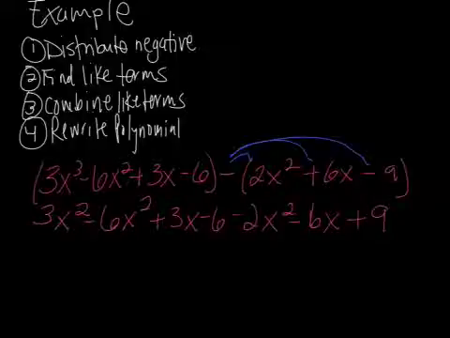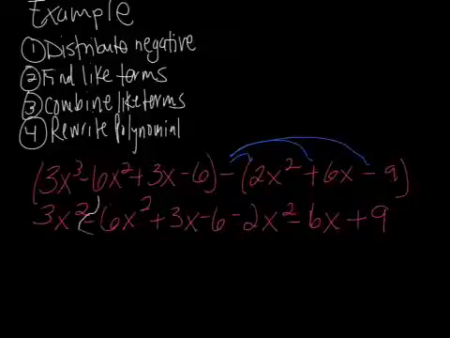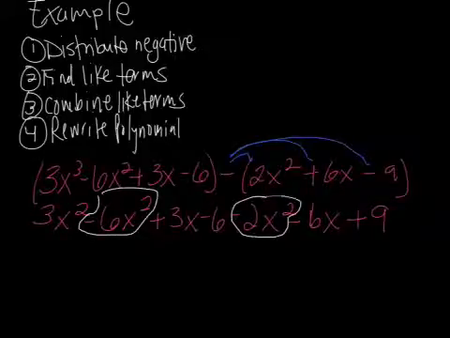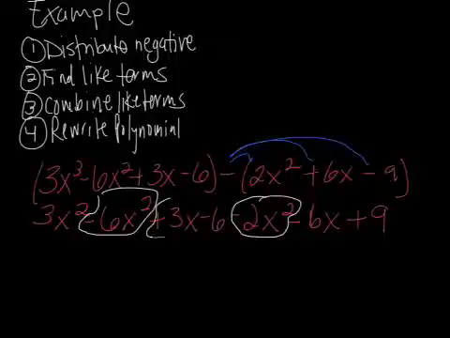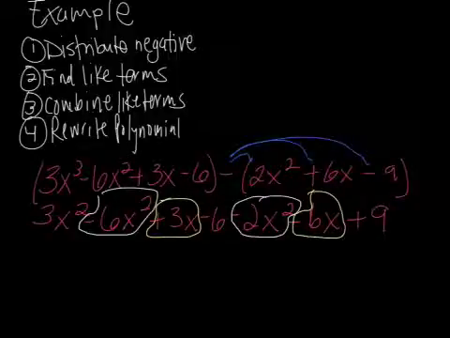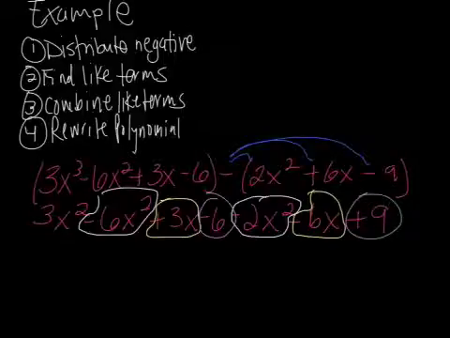Next, we'll find our like terms. We have a negative 6x squared and a negative 2x squared. We have a positive 3x and a negative 6x. And lastly, we have a negative 6 and a positive 9.